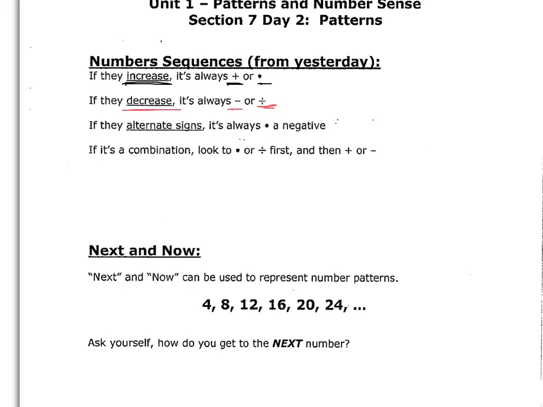If they alternate signs, meaning they go from positive to negative, you're always going to multiply by a negative number. And if it's a combination, meaning let's say they multiply by 3 and add 1, you're always going to look to multiplication or division first, then addition or subtraction. So that's just a brief review of what we learned last time.